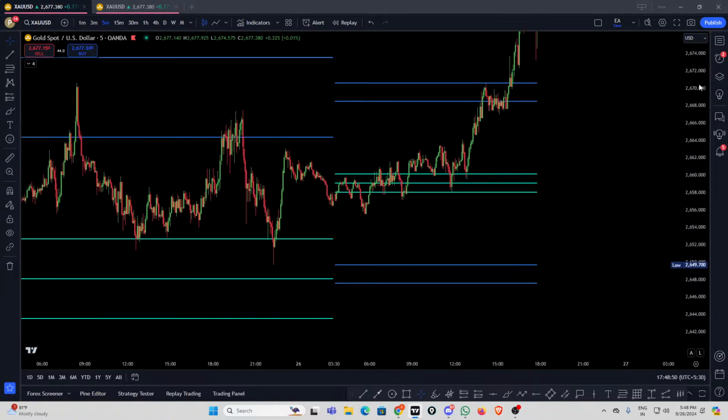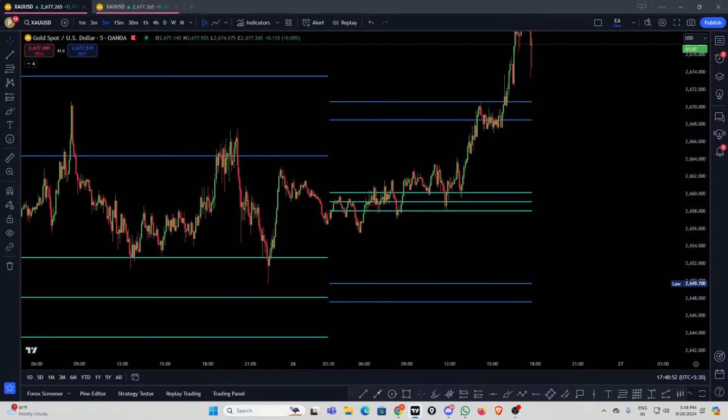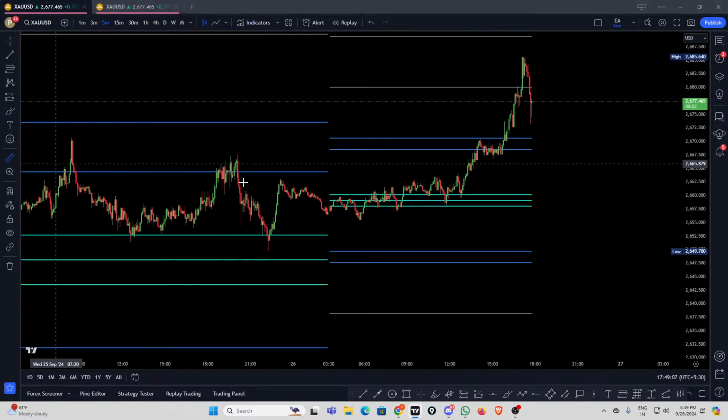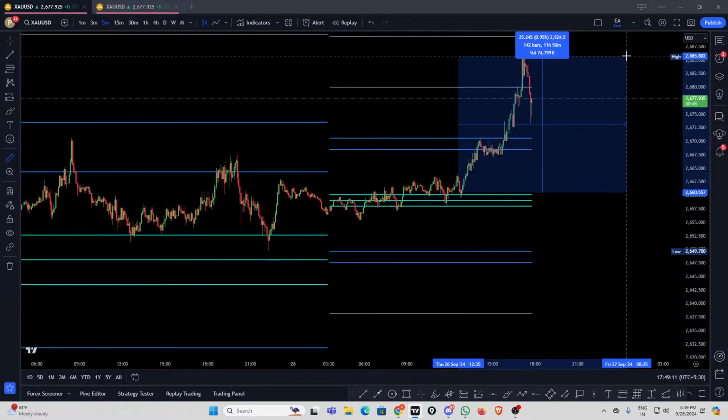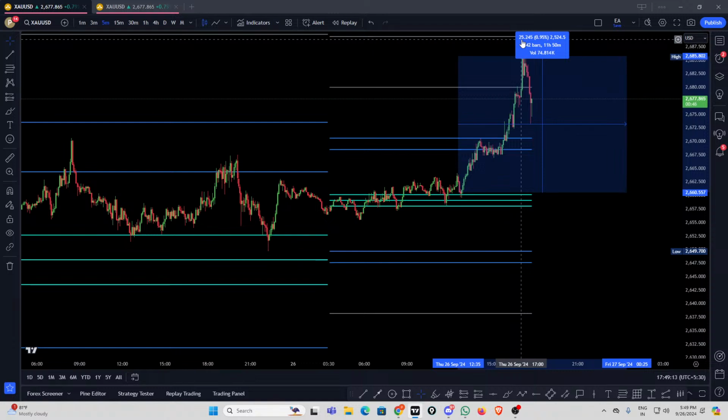So once a candle closes above this, then we'll start finding trades when it comes to retest. Our stop loss will be below this. Until it closes above this properly, we are not going to take any trades. Just look at this. We got more than 250 pips from this place. We got a hammer here, and yes, 250 pips.